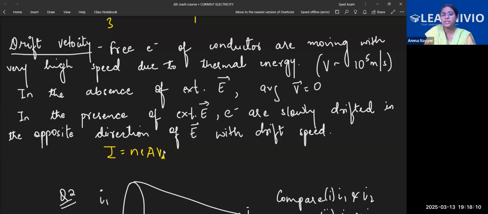This is a formula that is used, and sometimes current density is also asked. Current density is current divided by area. So current is neAv_d, divided by the area, this will be nev_d. All right, so this you already know.